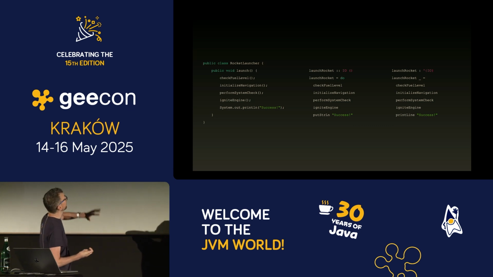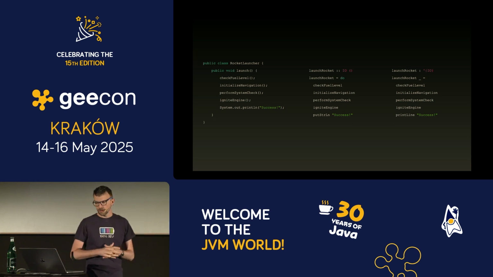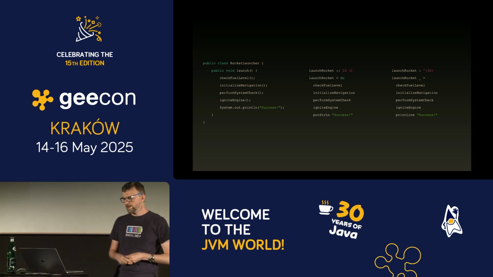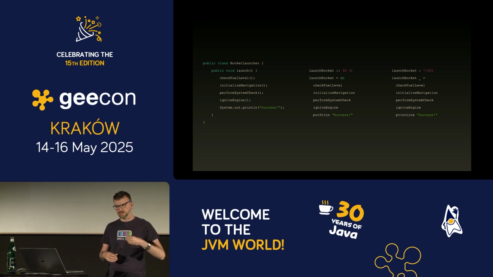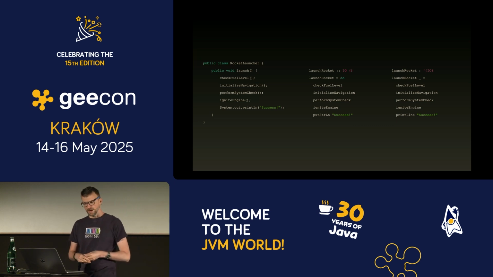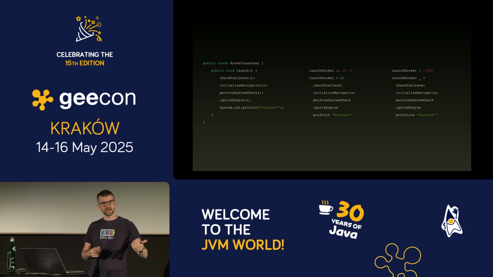So on the left-hand side, the first snippet, that's just normal imperative programming where we have a series of method invocations, and as soon as we invoke these methods, here it's like launching rockets, something that we do every day as programmers, of course. So as soon as you invoke those methods, these effects are actually run.